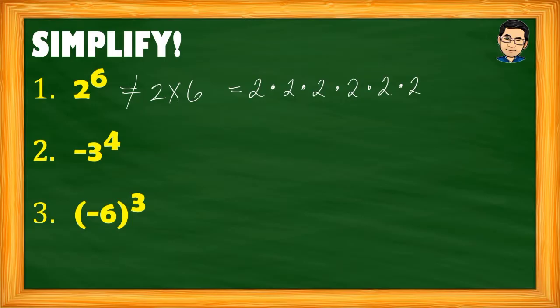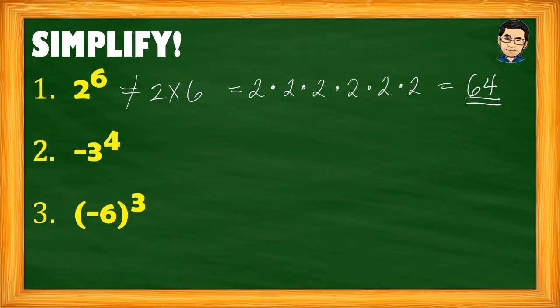Ang gagawin lang natin dito is just to multiply 2 six times. So, 2 times 2, that is 4, times 2, 8, times 2, 16, times 2, 32, and then times 2, that is 64. Ibig sabihin, 2 to the 6th power is equal to 64.